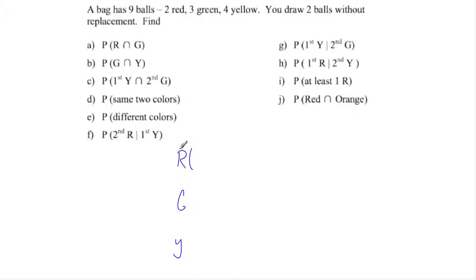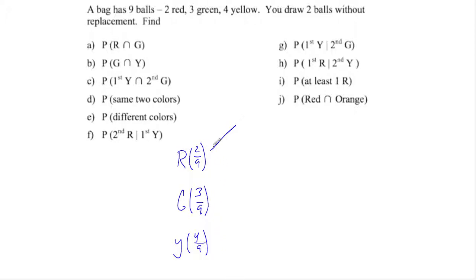So instead of writing out 2 reds and 3 greens and 4 yellows, I can say the probability of picking red first is 2 out of 9. The probability of picking a green is 3 out of 9. And the probability of picking a yellow for the first ball is 4 out of 9.